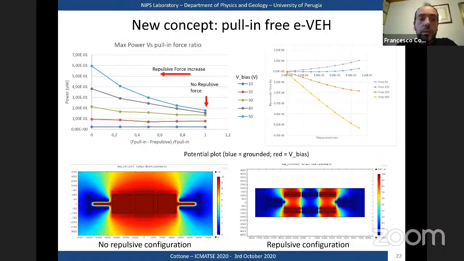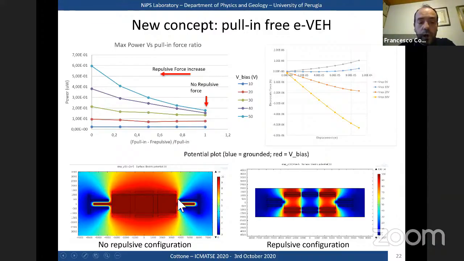So in order to avoid this stiction, we are exploring some other configuration of the capacitor. To do this, we are thinking of implementing some repulsive electrostatic force in the device that equilibrates the attractive one.